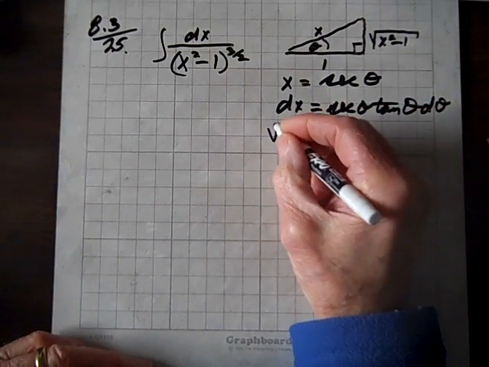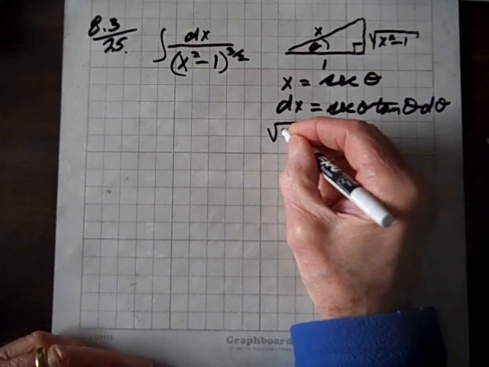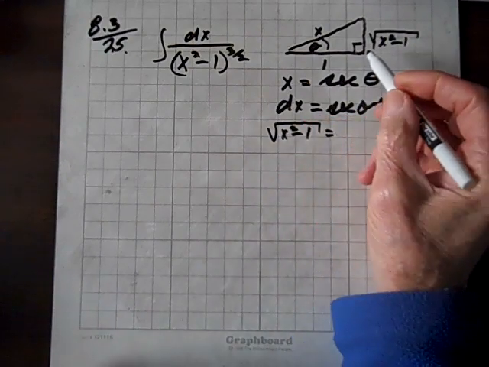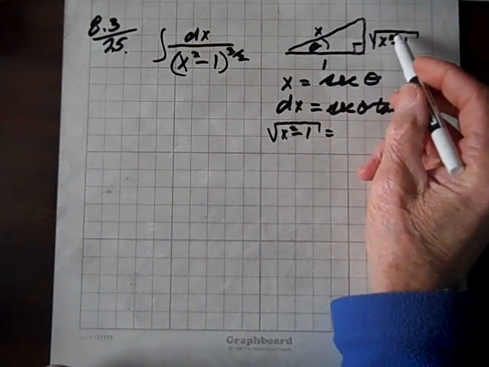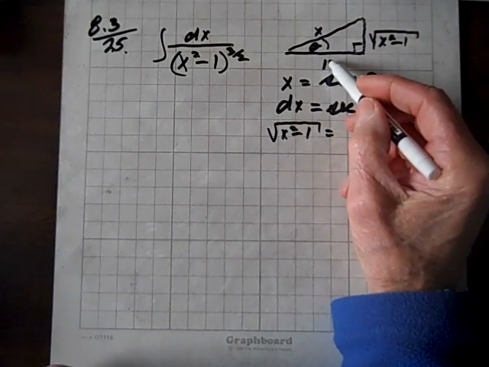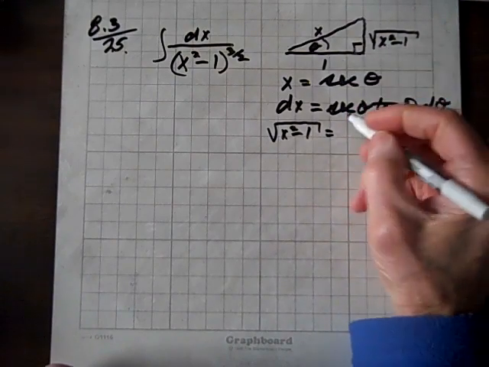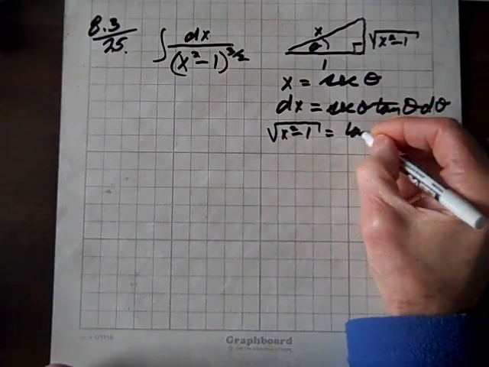Now the square root of x squared minus 1 equals, well, let's see, the tan of theta equals this over 1, so this equals 1 times tan theta, or tan theta.